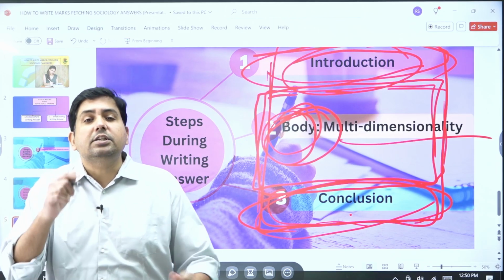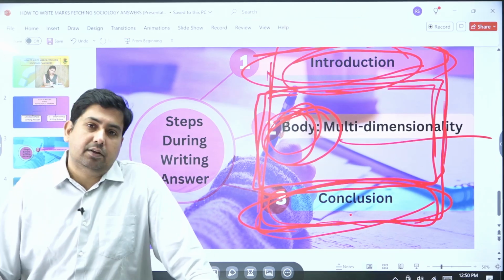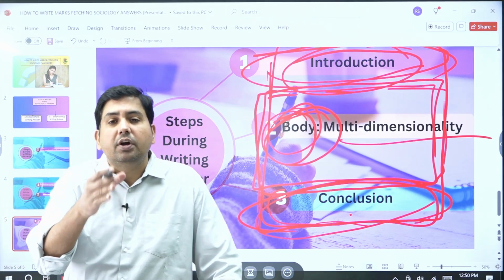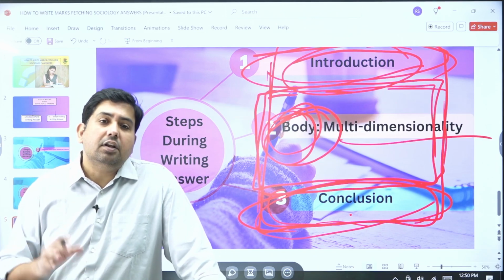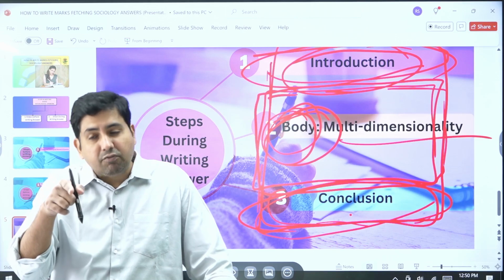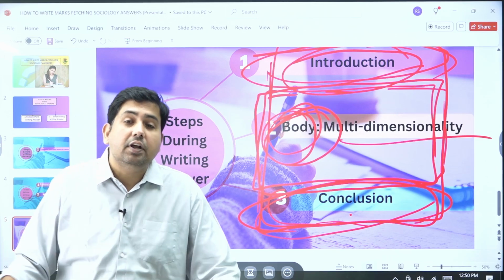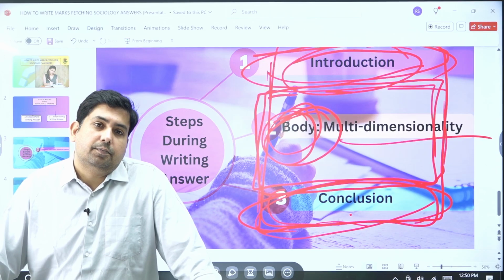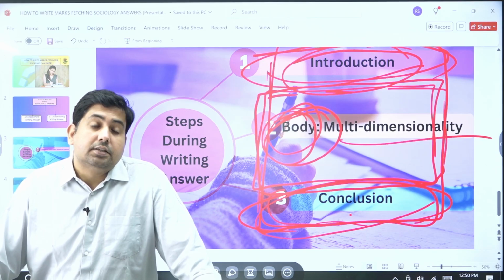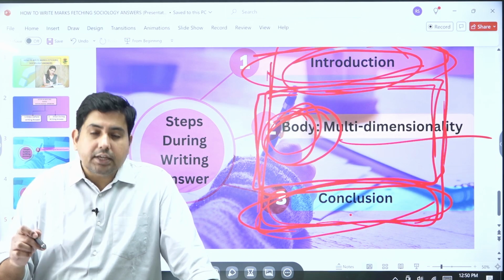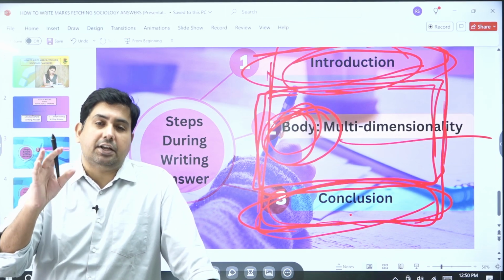Why? Because it makes your answer more visible, and therefore it becomes very easy for the examiner to read your script in much less time. So it will save time for the examiner, and he will reward you by giving more marks. See, from my personal experience, I am telling you, reading a script is a very difficult thing.